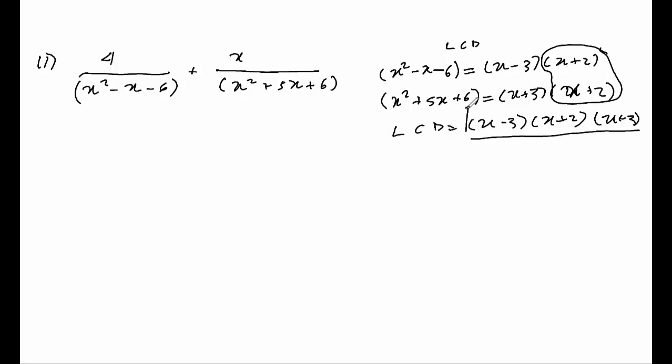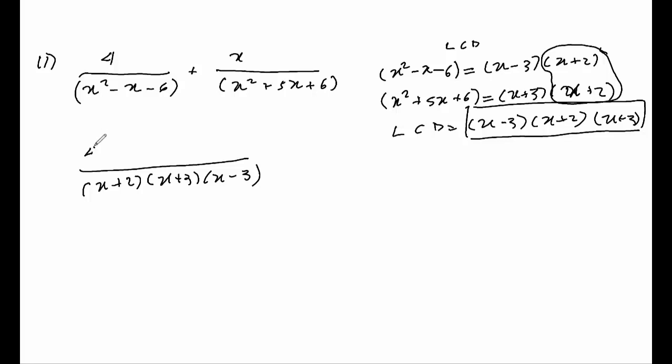So now we write on the bottom x plus 2, x plus 3, x minus 3. So we have our denominator. Now for our first term, we have 4.